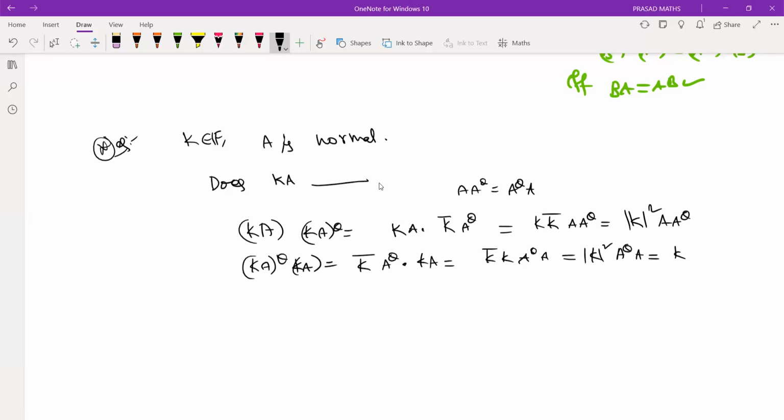That is the same as saying mod K squared, A is normal, therefore A theta into A is nothing but A into A theta. Therefore both are the same, so K into A is normal. This is true for any scalar. What is your notice?